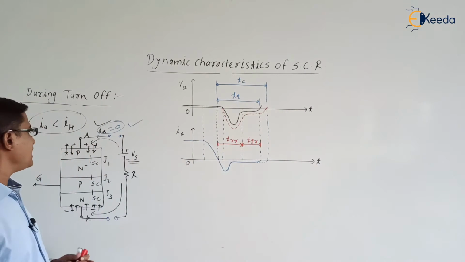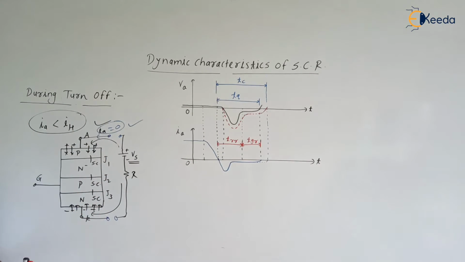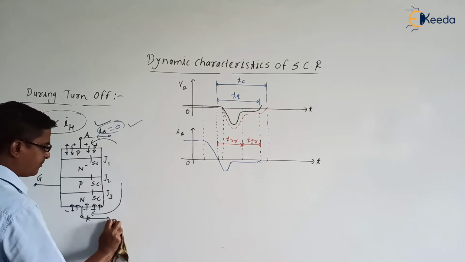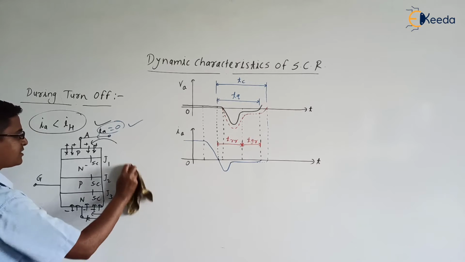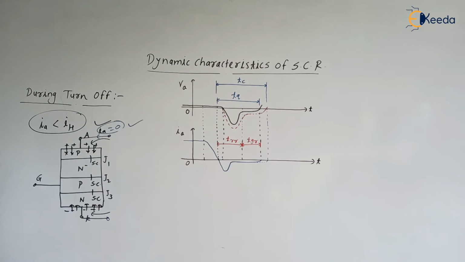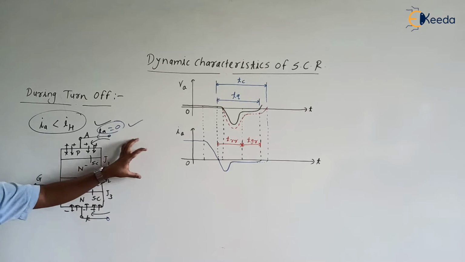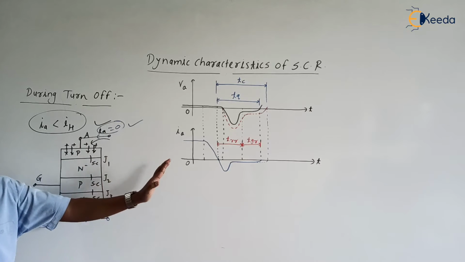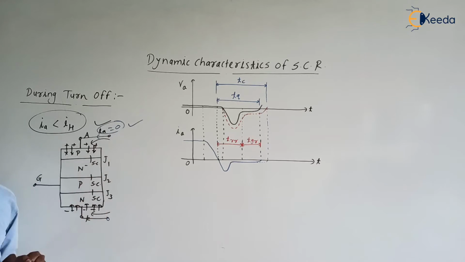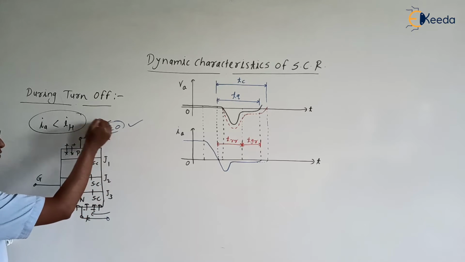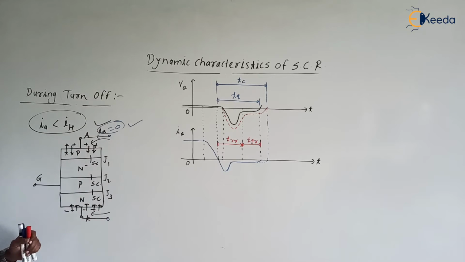When the SCR is in the on state, a large number of charges were injected into the body of the SCR, that is, into all the 4 layers, from the supply. The supply is nothing but a source which consists of positive charges as well as negative charges. So when the SCR is in the on state, from the positive plate the holes are injected into all the 4 layers of the SCR.